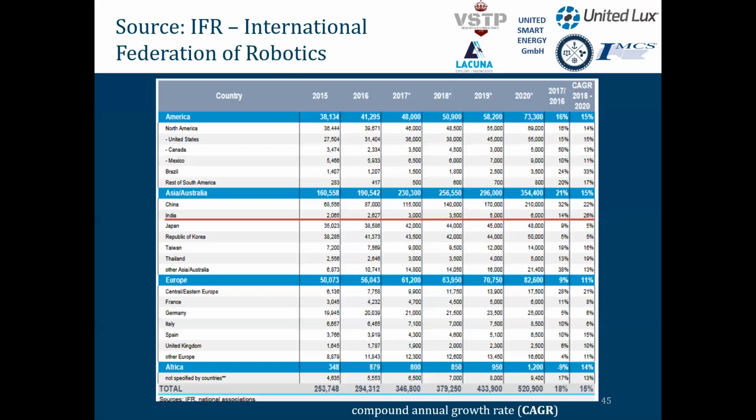So is it a lot or not? If you look at China, last year, because those are the figures which we have, it was 170,000. India last year just 5,000. In North America it's 55,000. In Germany, for example, a bit more than 20,000. Those are the installed industrial robots.